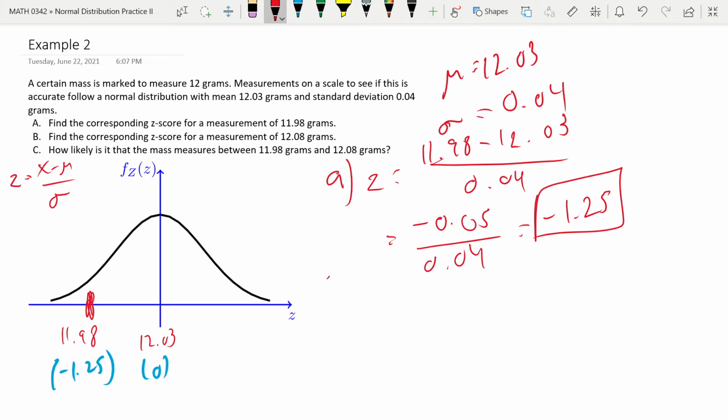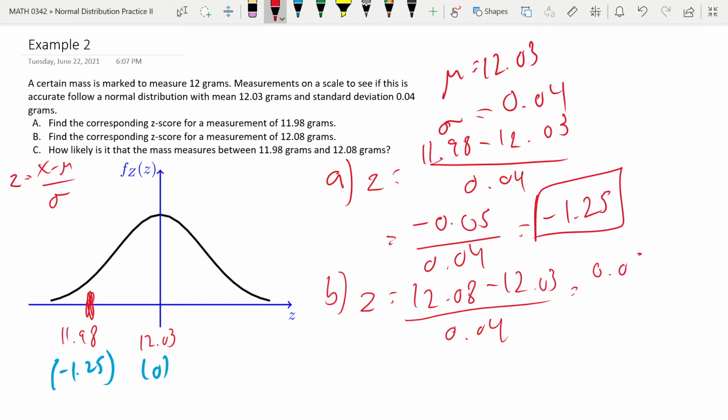of 12.08 grams. So now this time 12.08 plays the role of our x. So we do the same thing. Z equals 12.08 minus 12.03 divided by 0.04. On top, we should get 12.08 minus 12.03.